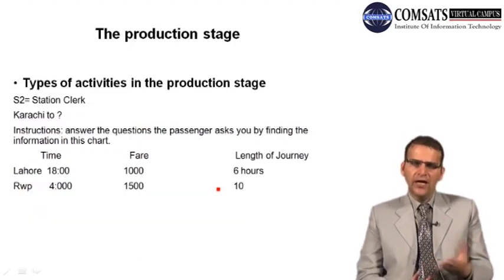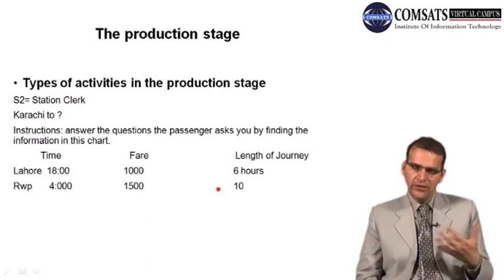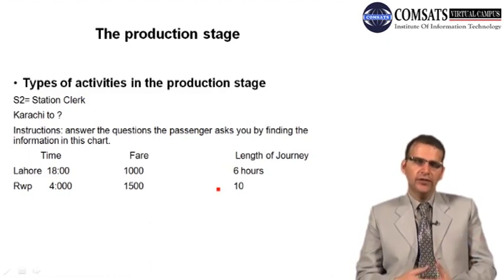And then, what is the type of activity in the production stage, students? Maybe S2 is a station clerk. Student 1 is a passenger, student 2 is an officer there. Following the instructions, answer the questions the passenger asks you by finding the information in this chart: for example, time, fare, length of journey.